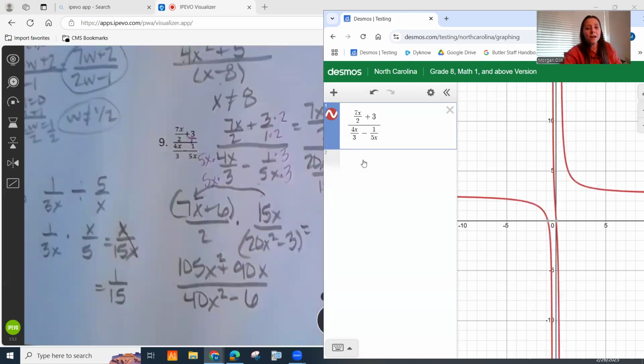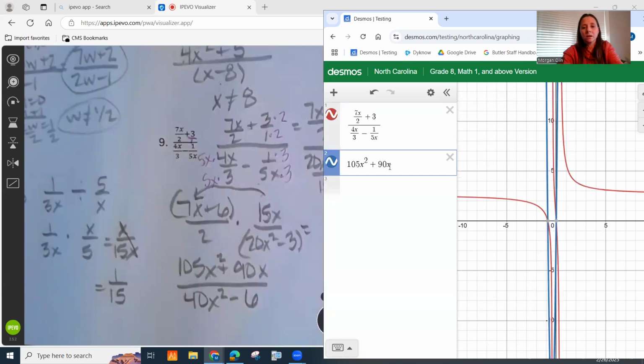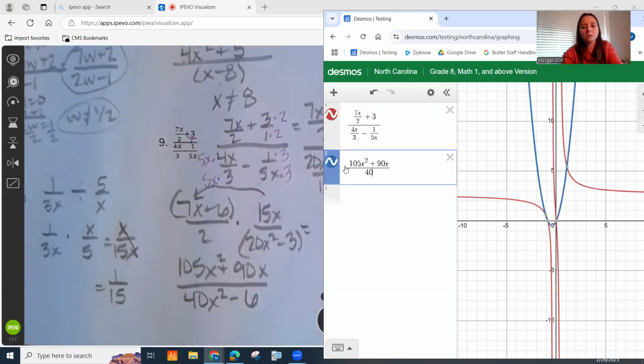Okay, now my final answer I got is this thing right down here. So 105x squared plus 90x, highlight it and divide by 40x squared minus 6.